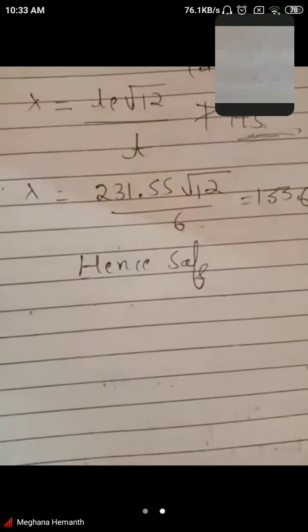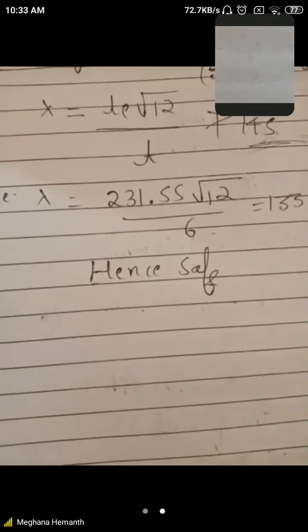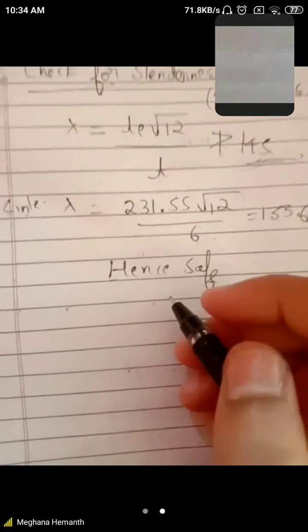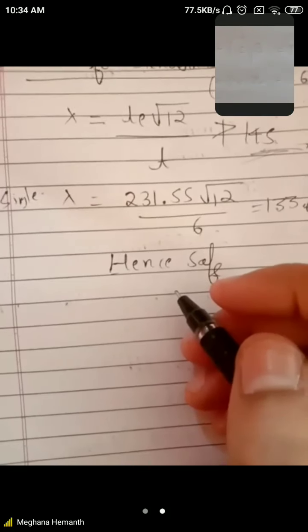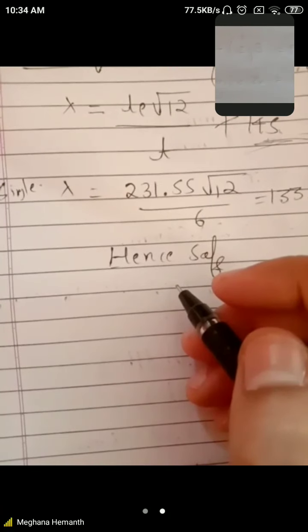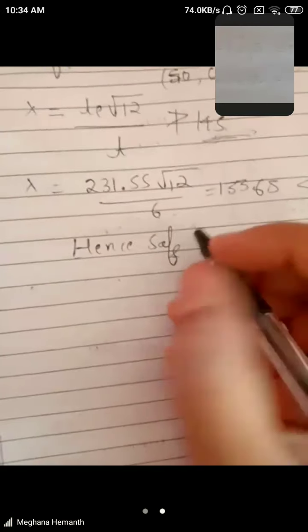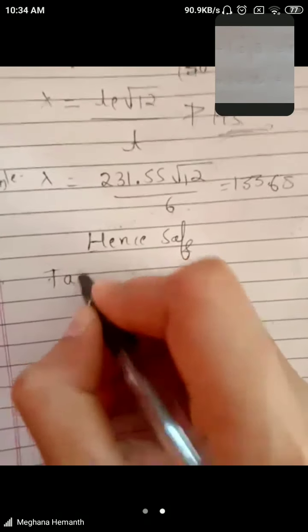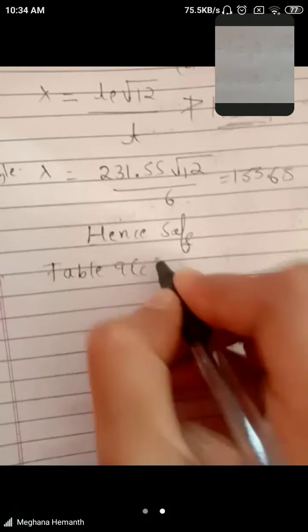The next check you have to apply: whenever you find your slenderness ratio, next you can determine your design compressive stress. I repeat, whenever we find the slenderness ratio, the next step is to find your FCD value by referring to table number 9C of your IS 800.